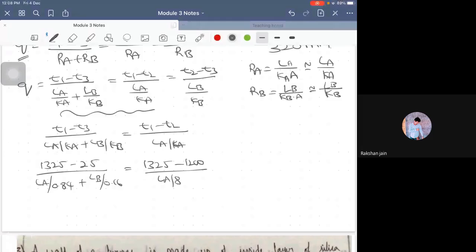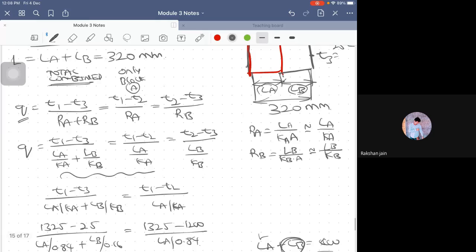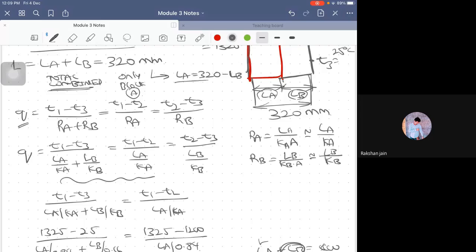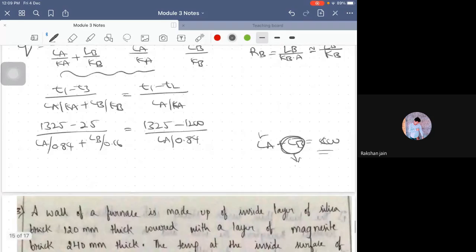Now, you can solve fully. At the end you will get an equation of LA and LB equal to some constant, hundreds or something like that. There you can change the value of LB in terms of LA so that you have only one unknown, or you can do it in the initial stage, whichever is comfortable. From here, LA equals 320 minus LB, so LB is 320 minus LA.